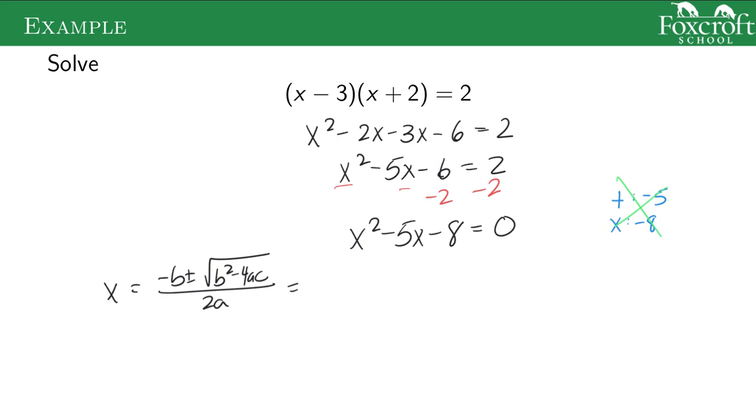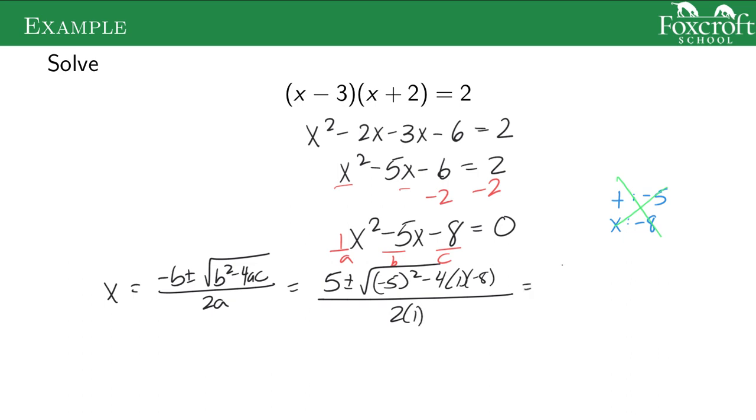Let's see, so let me write out a is 1, b is negative 5, c is negative 8. Again, your first real goal is to simplify that square root. 25 plus 32 is 57.